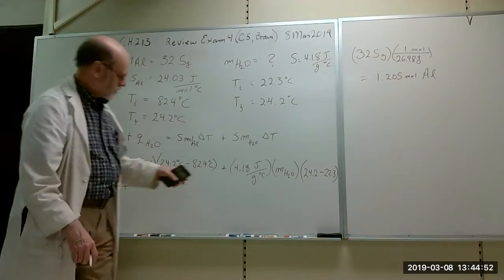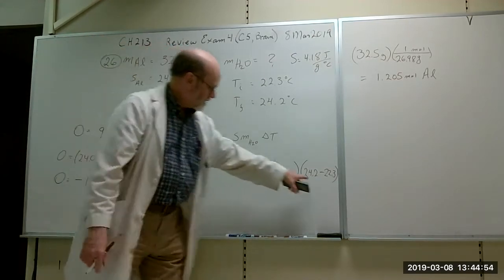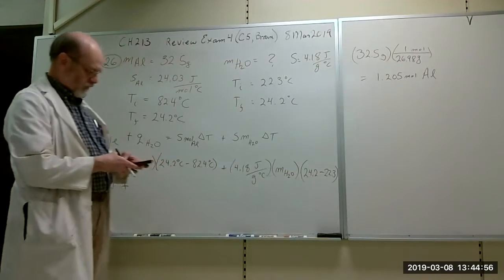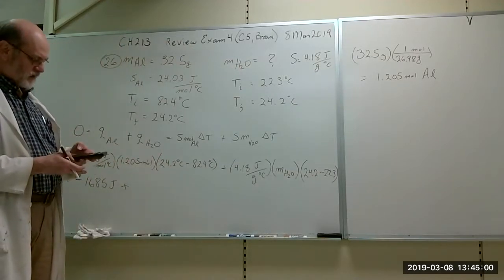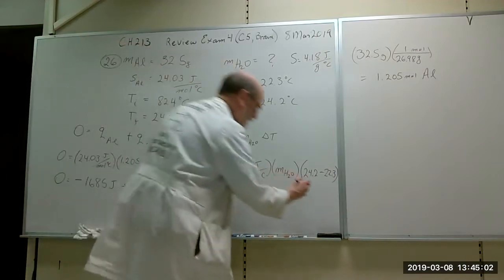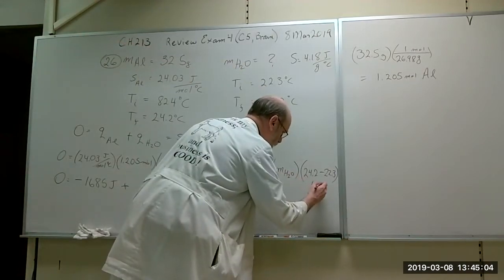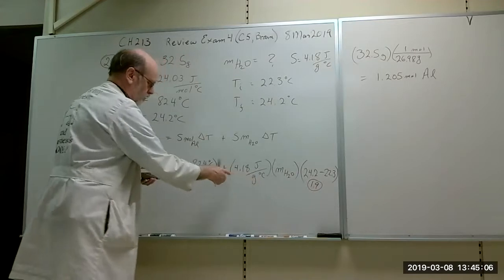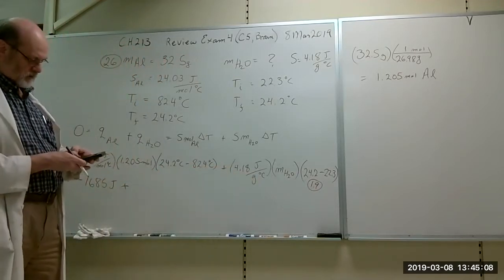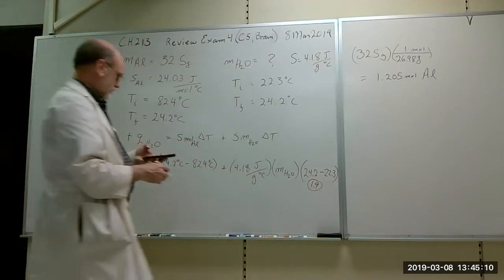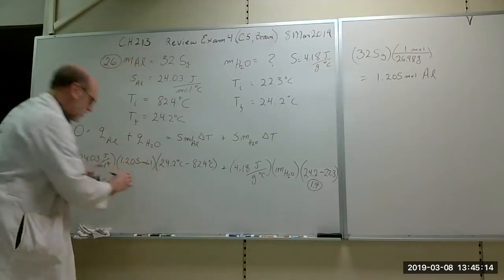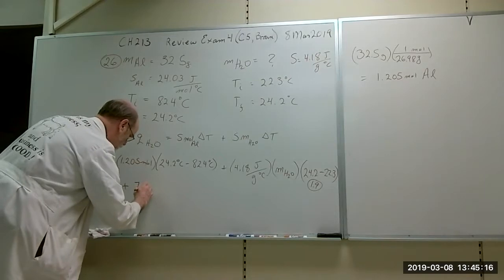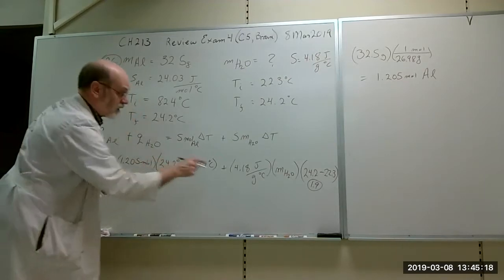And then this one, what's the difference there? 24.2 and 22.3, that's 1.9 degrees times 4.18. This is 7.942 times the mass.